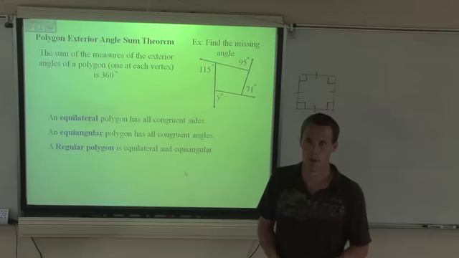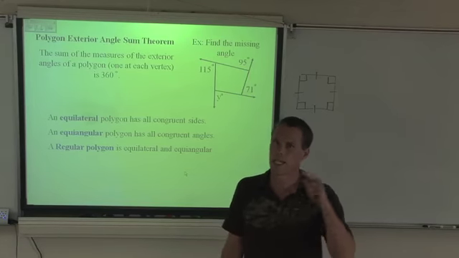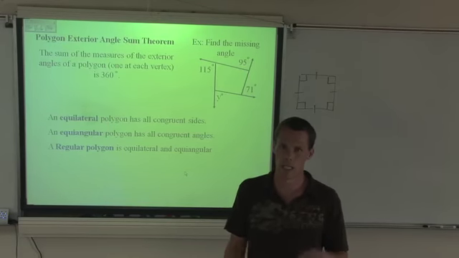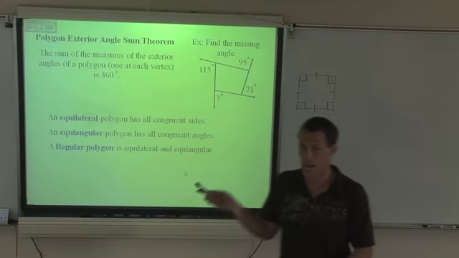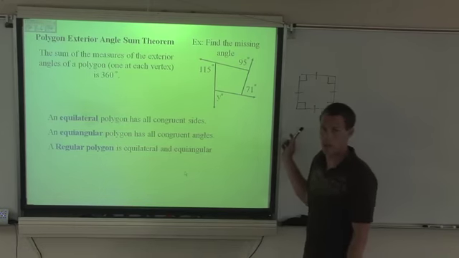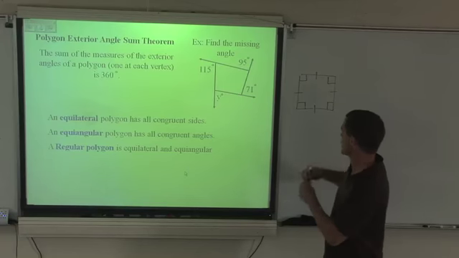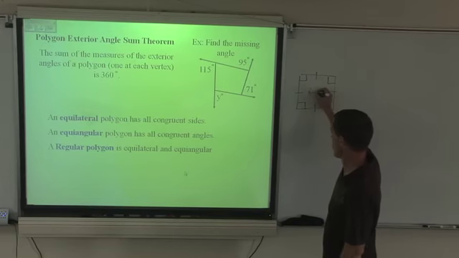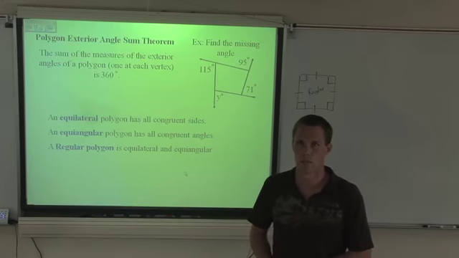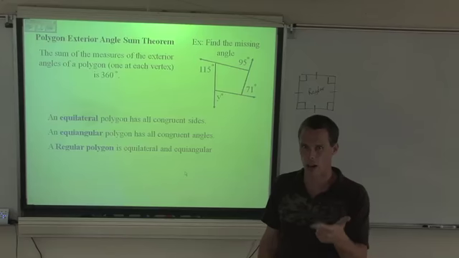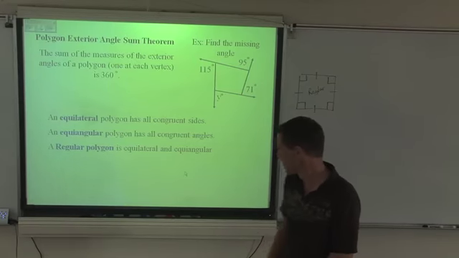This is a regular polygon. We didn't need this term for triangles because equilateral triangles are equiangular. But that's not the case when we go beyond 3 sides. Now we have a special name for that one, square, but we need to know regular means all sides, all angles congruent.